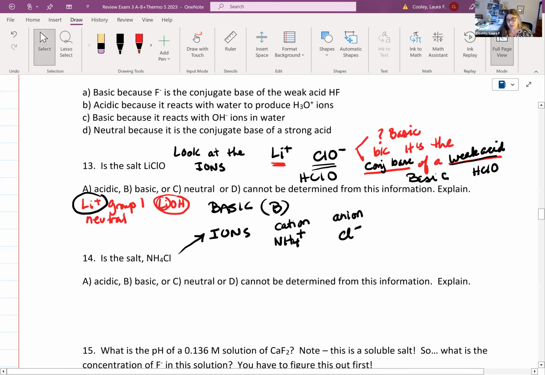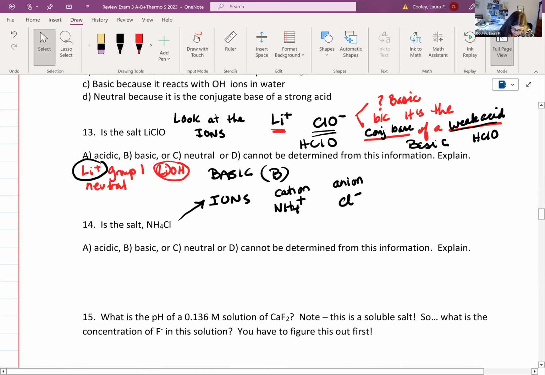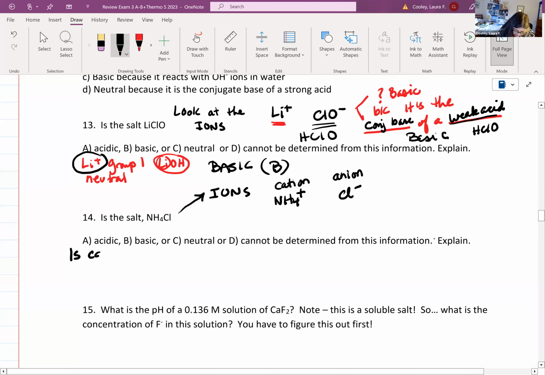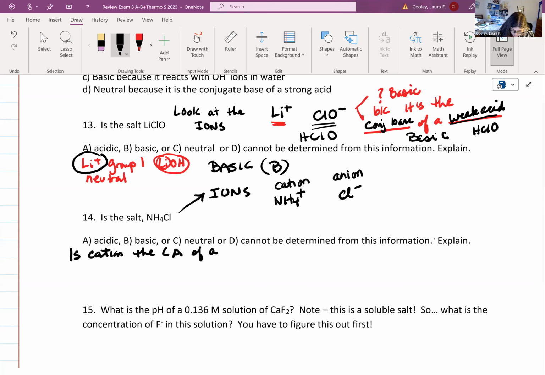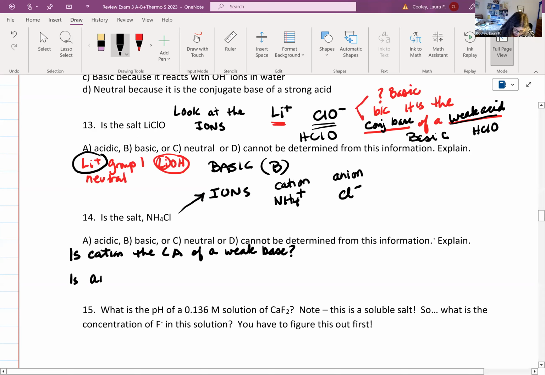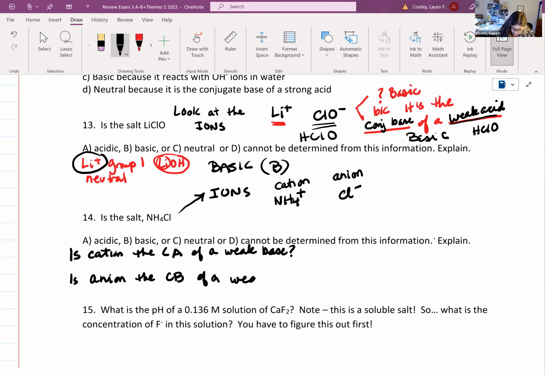Okay, so now what you're looking for, let me write this down, is the cation the conjugate acid of a weak base, and is the anion the conjugate base of a weak acid?